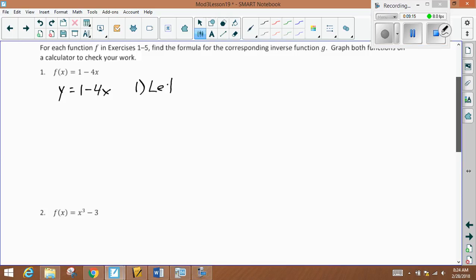let f of x equal y. Step 2, substitute x for y and y for x.